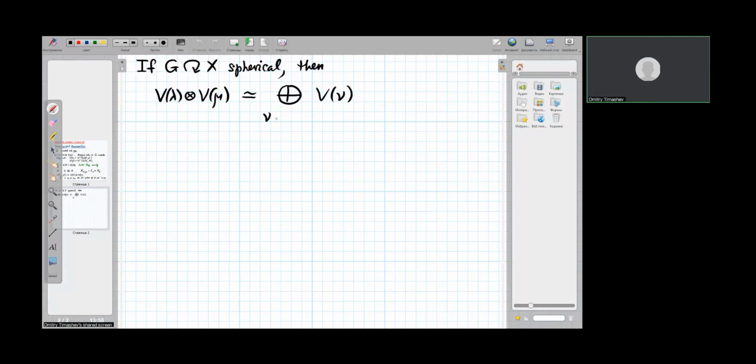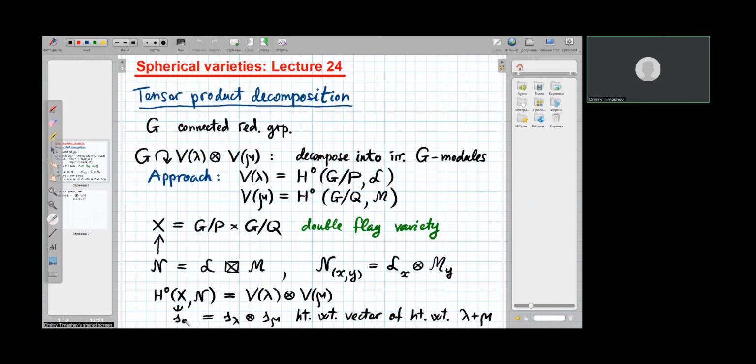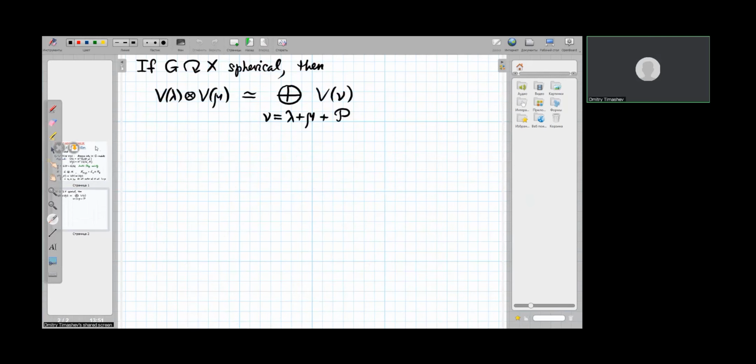So the weight is lambda plus mu, and this is a shifting vector for the polyhedron P, which is corresponding to the divisor of the section S0, yeah? But we are interested not in the whole polyhedron P, but only in the lattice points in this polyhedron. So we have to intersect this with the weight lattice of X. Okay.